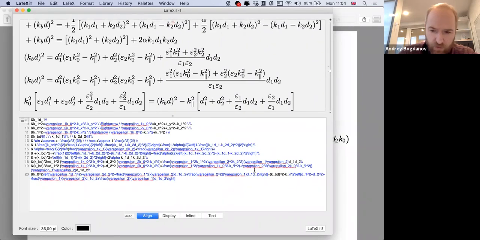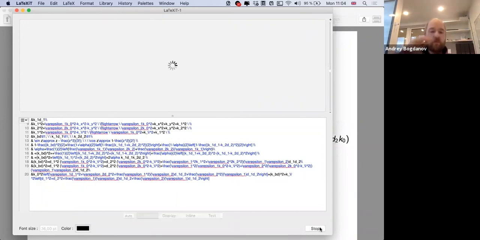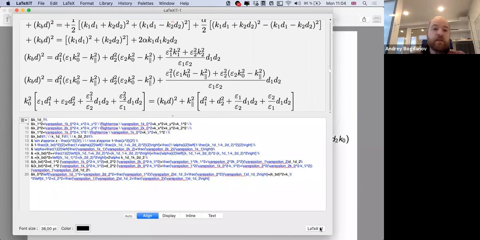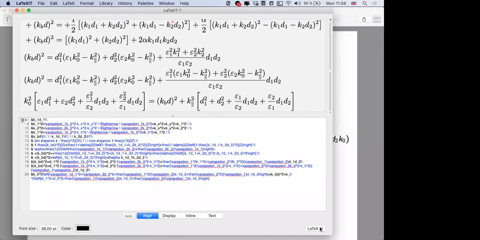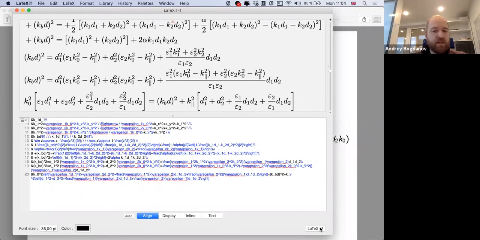And k parallel with a plus. Guys? Yes. This is the final answer. But it looks very strange, yes? It looks quite strange. And actually, this expression could be simplified.